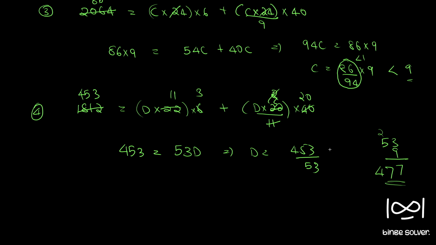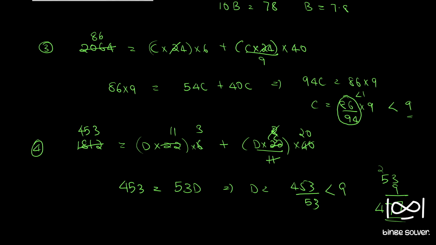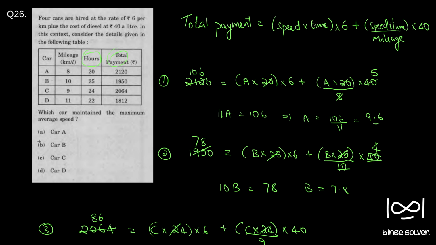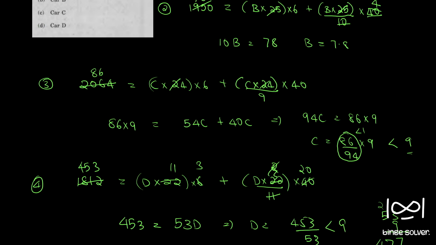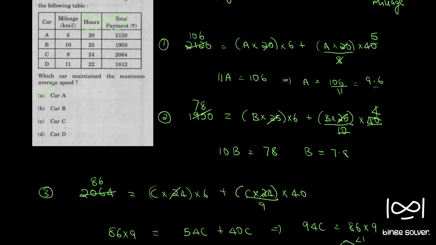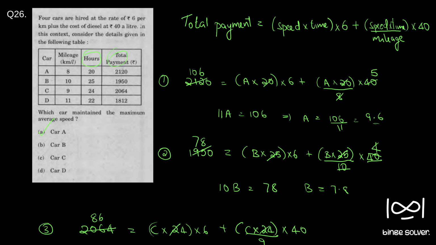If this is less than 9, our answer will be A. I'm not sure whether there is any simpler method to solve this, but it will take this much time, at least, I guess. If there is any easier solution, do comment on it. I'm interested to know. Anyway, the solution to question 26 is A.